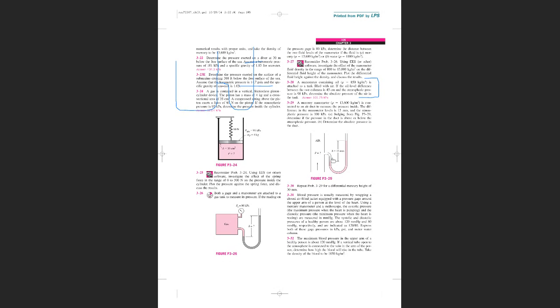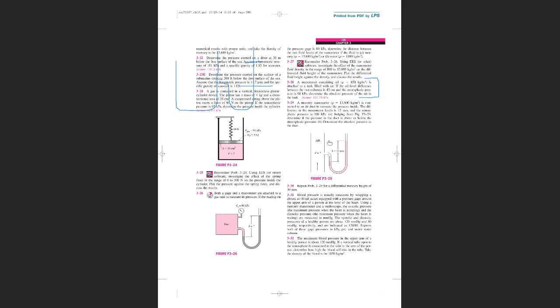Question 29. A mercury manometer, density is given, is connected to an air duct to measure the pressure inside. The difference in the manometer levels is 15 millimeters and the atmospheric pressure is 100 kPa. Judging from the figure, determine if the pressure in the duct is above or below atmospheric pressure.